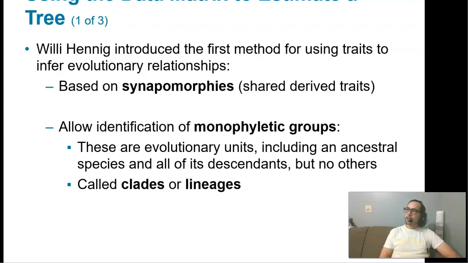Synapomorphies are present in two or more taxa, and the characteristics are found in the most recent common ancestor, but they're absent from a distant common ancestor. So they allow for identification of monophyletic groups. These are evolutionary units that include an ancestral species and all of its descendants, but no others. And so these are called clades or lineages.